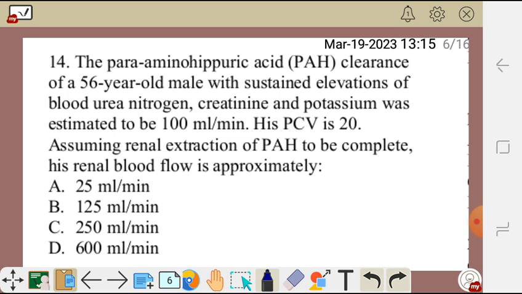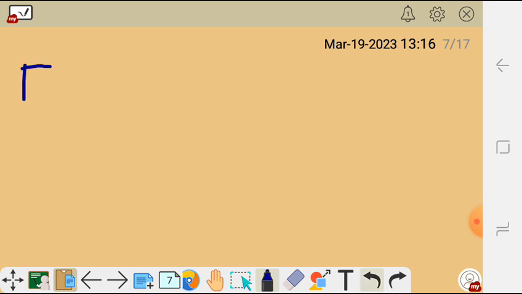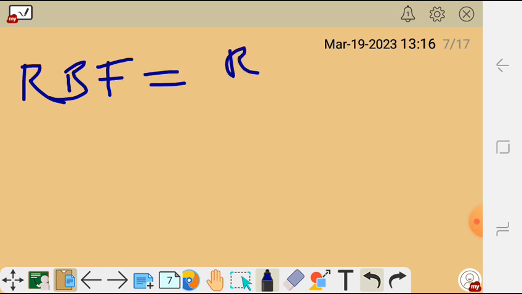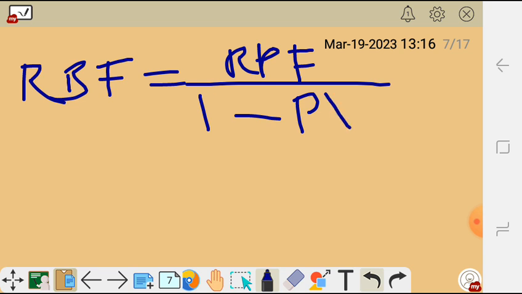From there, we also need the PCV, which is 20, and our PAH, which is para-aminohippuric acid, is 100. To calculate the renal blood flow, the formula is renal blood flow equals renal plasma flow over 1 minus PCV.